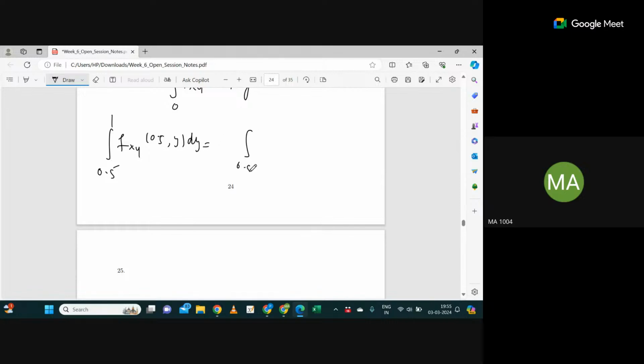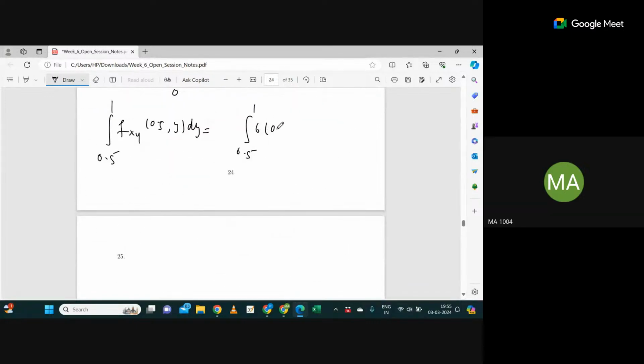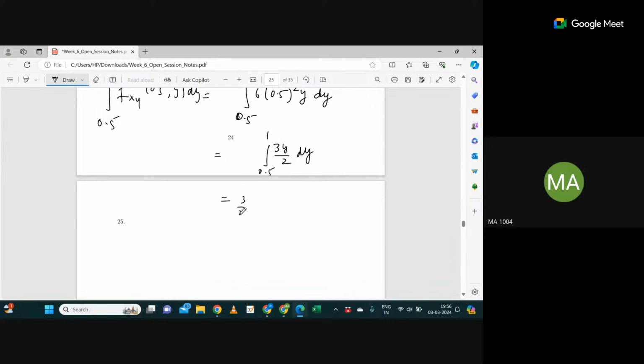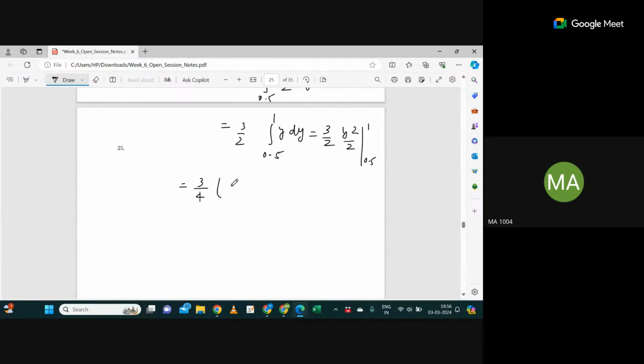The f_xy given to us is 6x²y, so it is 6 times 0.5 squared times y dy, which I can write as 3y/2. So 3/2 stays outside, and the integral of y dy from 0.5 to 1 is y²/2, so it will be 3/4 times (1 minus 0.5), which is half, so 3 by 8.